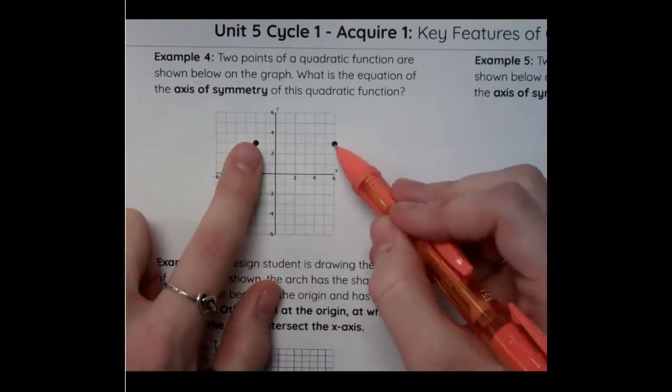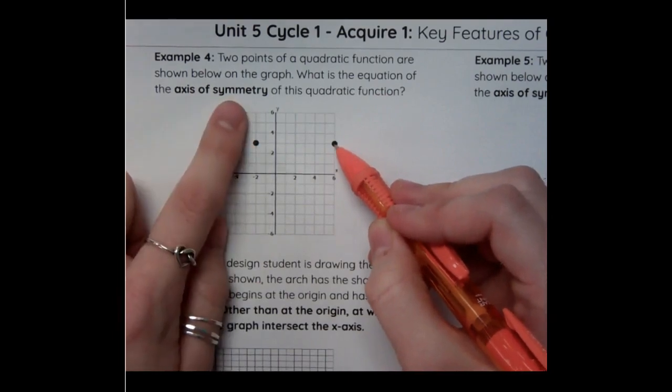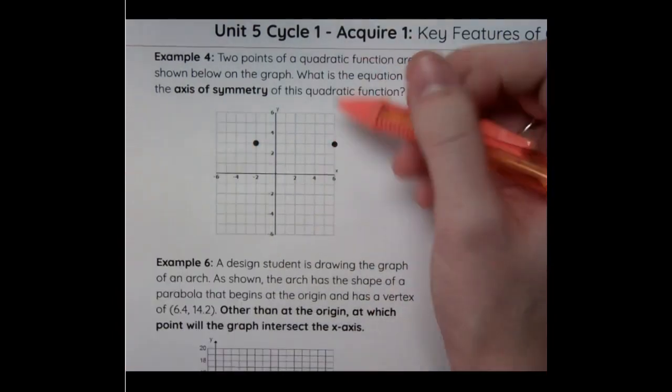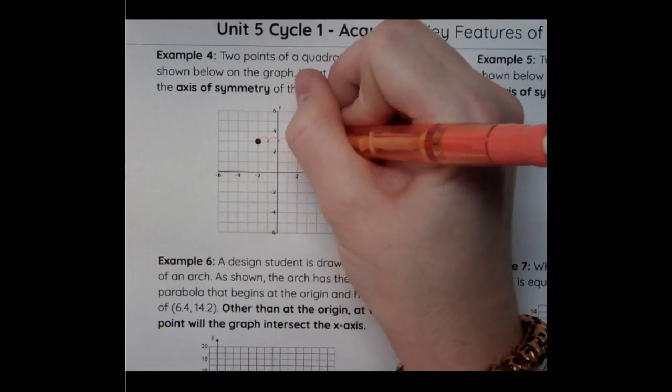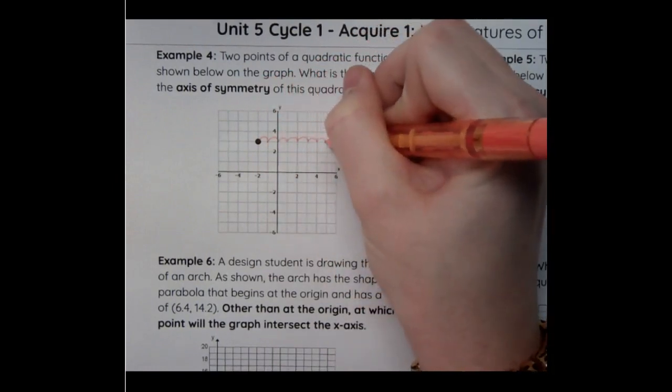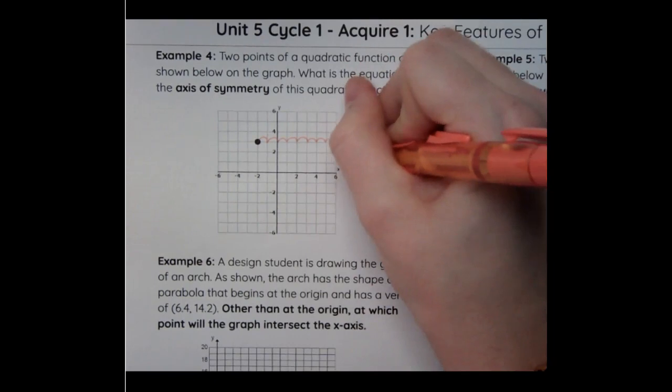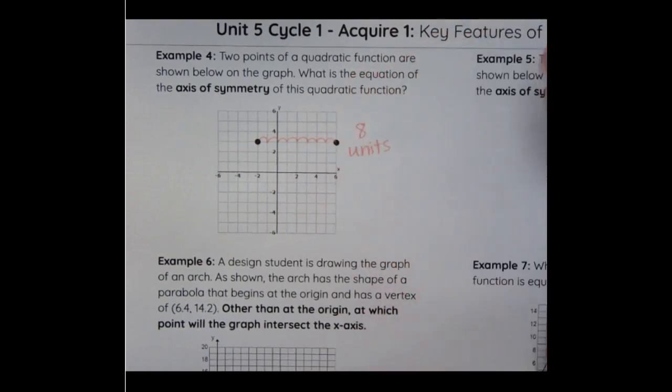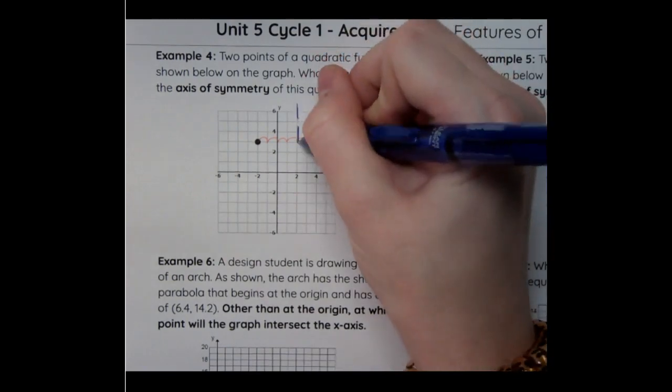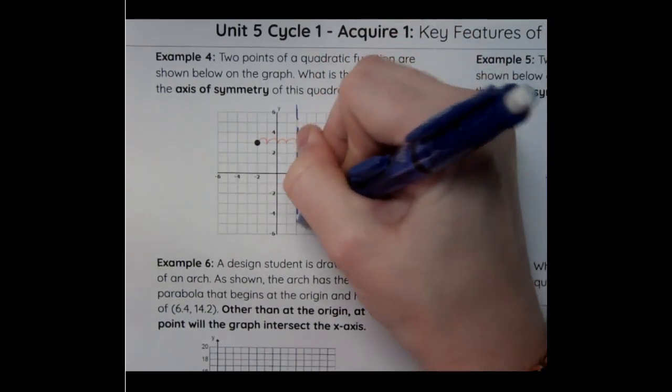So if these are the same on both sides, I need to find the center for it to be the axis of symmetry. So I'm going to count over 1, 2, 3, 4, 5, 6, 7, 8. There's 8 units in between, which means the center is going to be right here, 4 units from each of them.